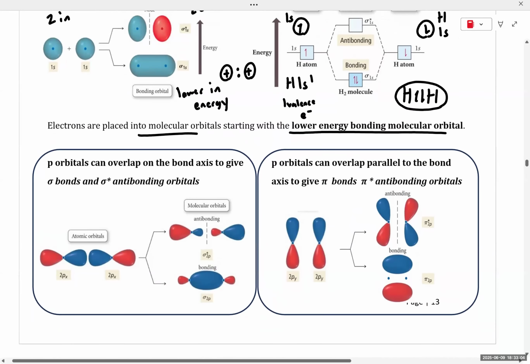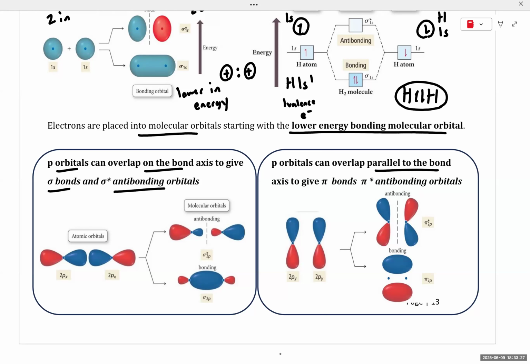Now, where things get interesting is when we start to talk a little bit about p orbitals. P orbitals can overlap on the bond axis to give sigma bonds, and that in turn yields a bonding molecular orbital and an antibonding molecular orbital. P orbitals can also overlap parallel to the bond axis to give pi bonds and pi star antibonding molecular orbitals.